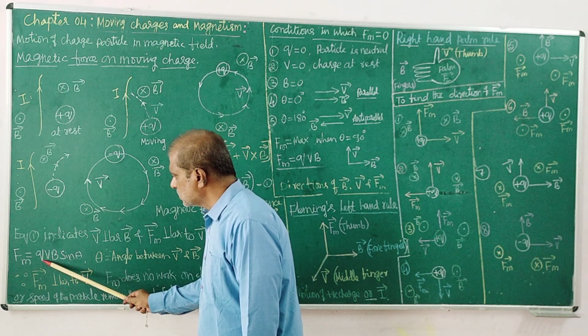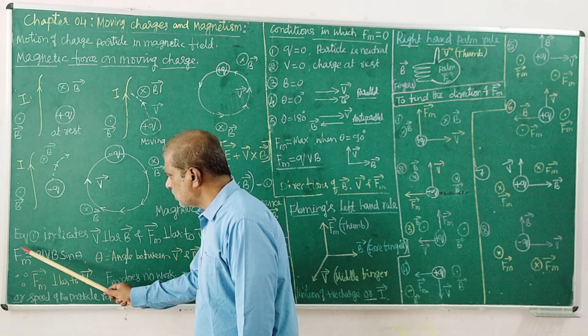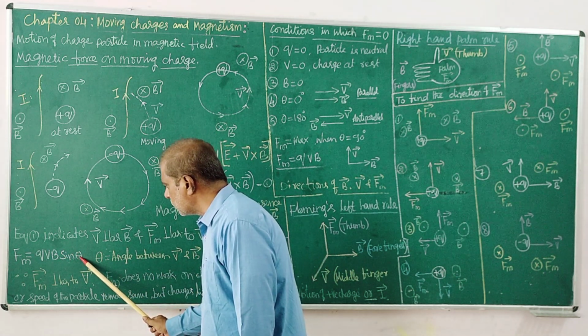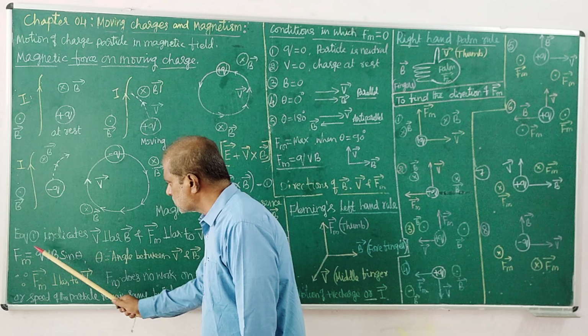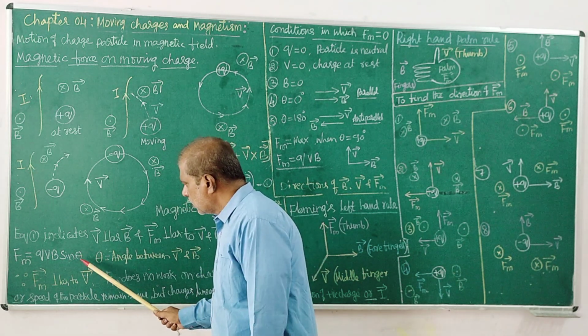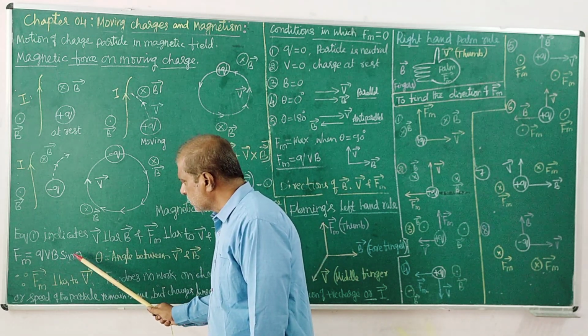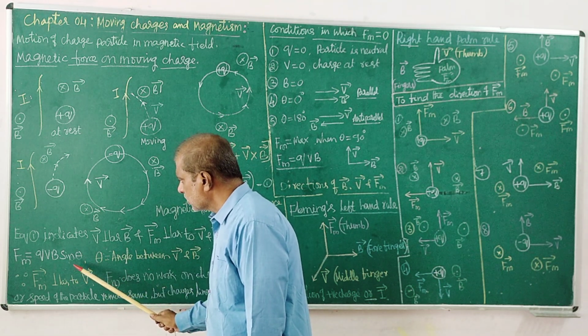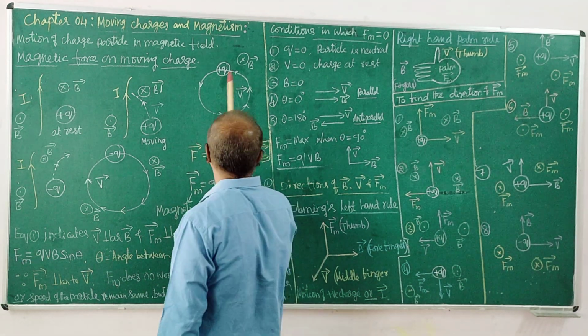or B equals 0, or theta equals 0. Sin 0 is 0, so that also makes it 0. And one more, when theta equals 180 degrees, sin 180 is 0. Under all these conditions, F becomes 0. That is what is specified here.